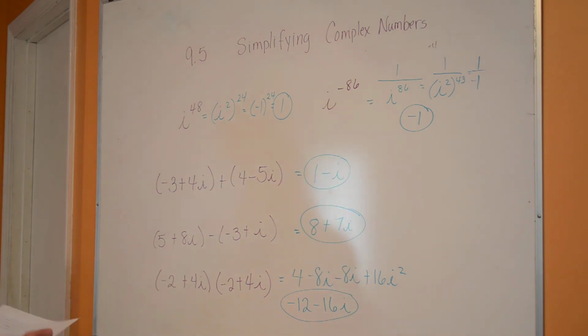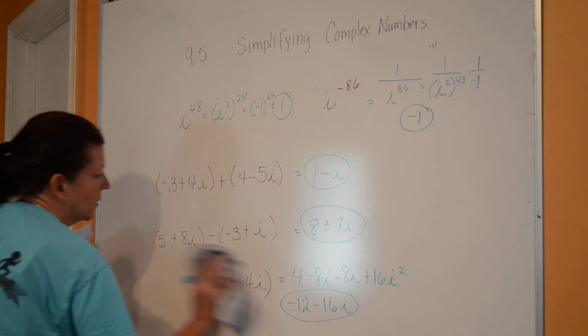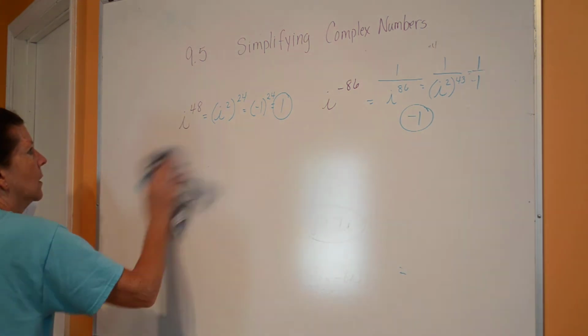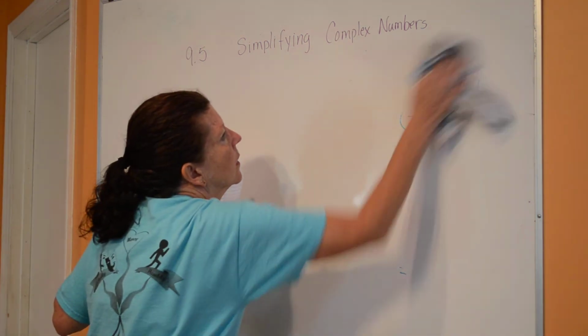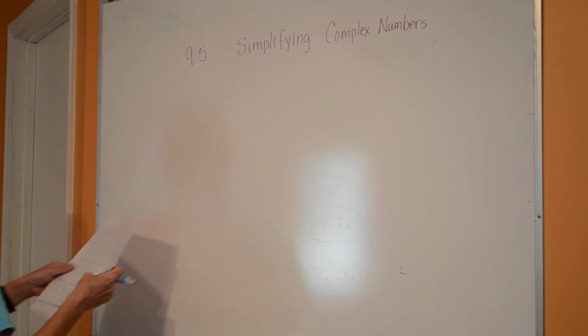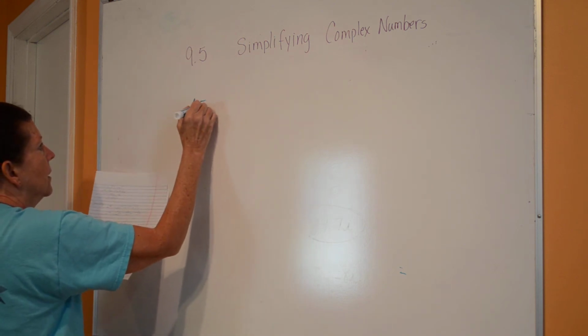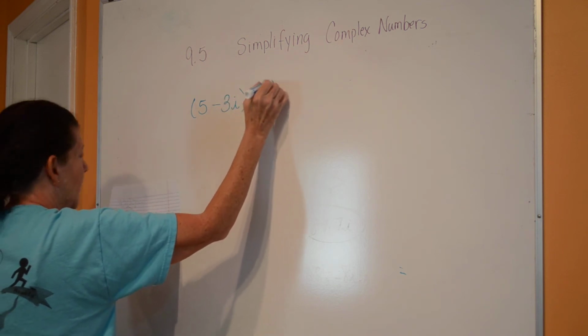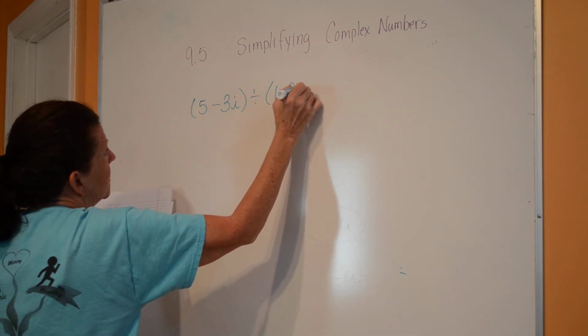All right, now let's do a little division on these complex numbers. So I've got 5 minus 3i divided by 1 minus 2i.